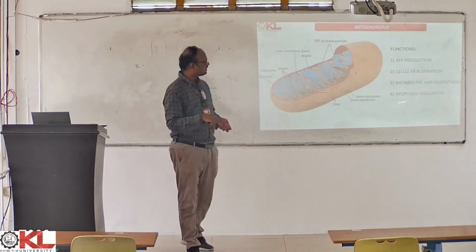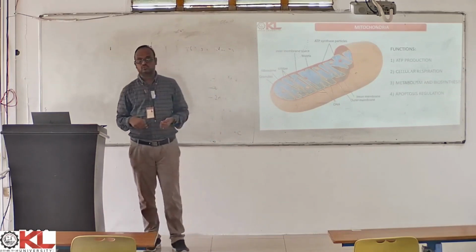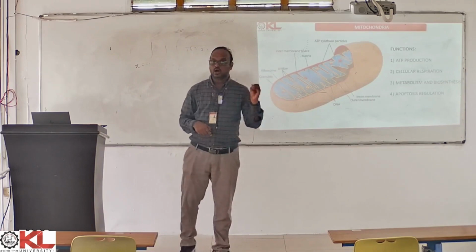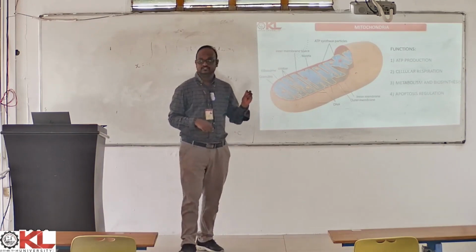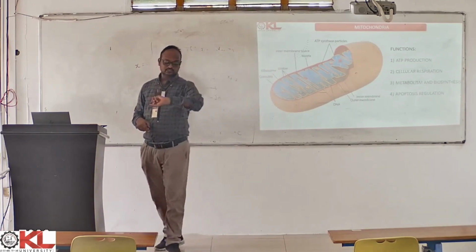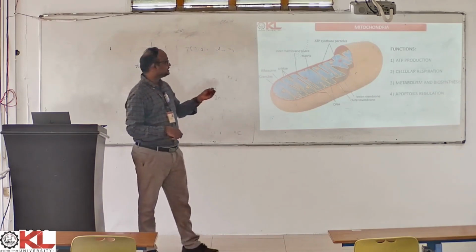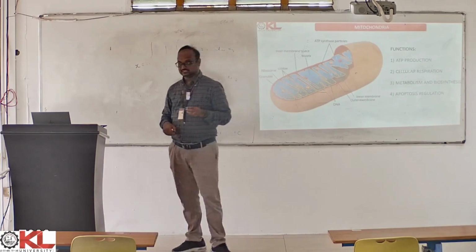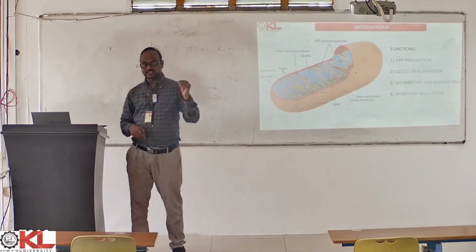Another function, which is not mentioned here, is the synthesis of ROS, or reactive oxygen species. ROS are synthesized by mitochondria. These are not good for the cells. Why are they being synthesized?